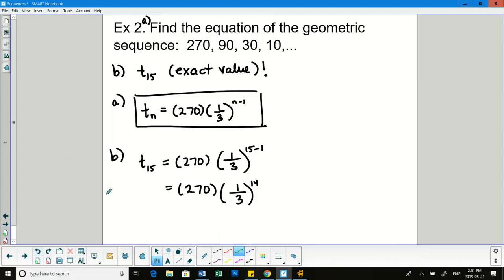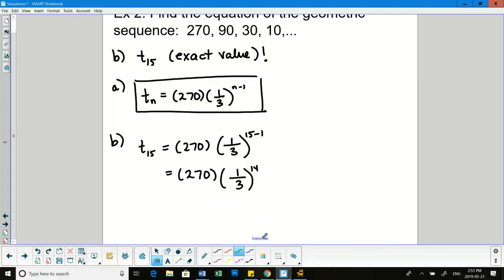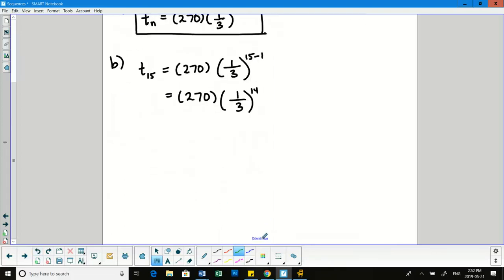I know not everybody has a calculator that will simplify this for you, and you should know how to do this by hand anyways. So I'm just going to show you guys how we can simplify this without needing a calculator. When I have an exponent of 14 on a fraction, that 14 actually gets applied to the numerator as an exponent and also the denominator as an exponent.